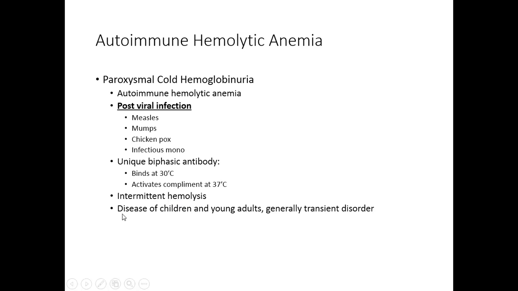It's considered a disease of children and young adults, and it's self-limiting and transient. These are diseases typically of children and young adults, and the diseases themselves are self-limiting. So paroxysmal cold hemoglobinuria can be post-viral for the most part, and seen in kids.